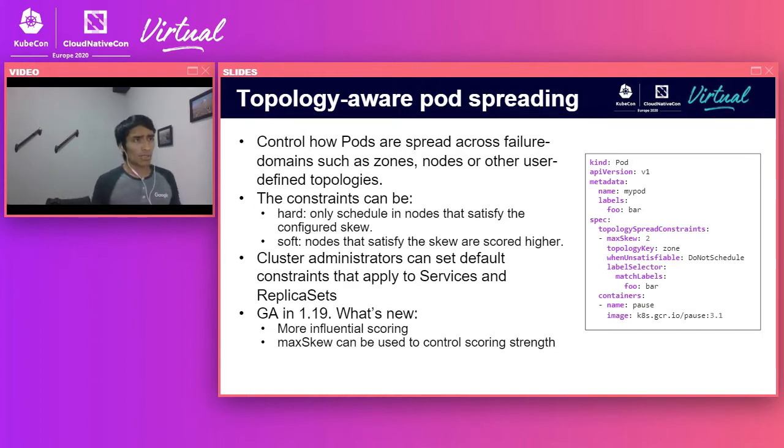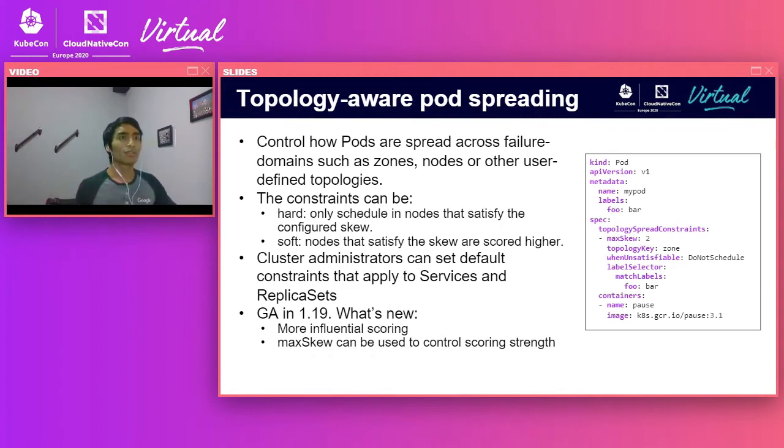And in 1.19, we have graduated this to GA, and we've been working in 1.19 on getting this score to really influence scheduling, so that with your soft constraints, you can actually have very good spreading. But if you don't want such strong spreading, you can also use the max skew field to control this strength.